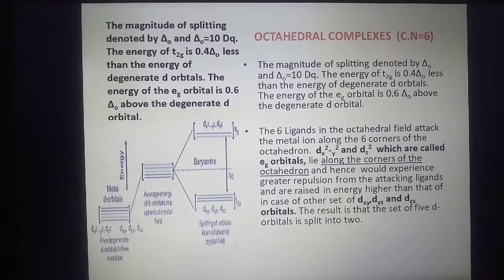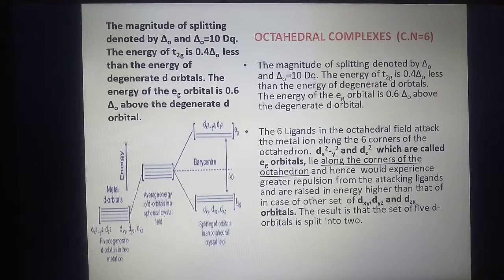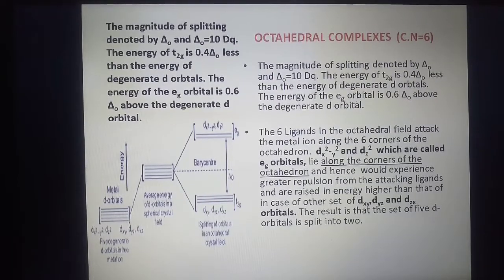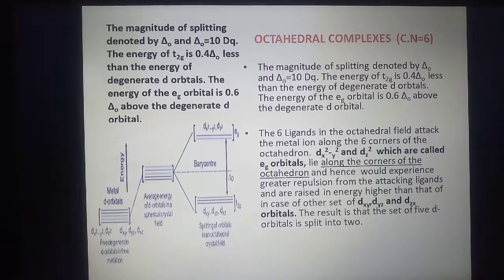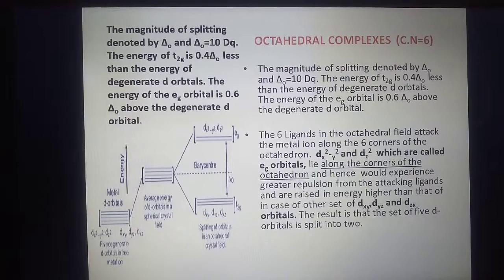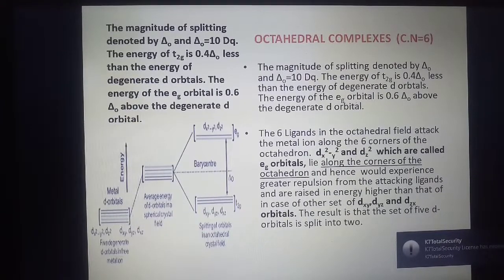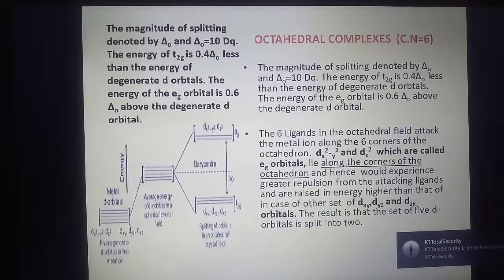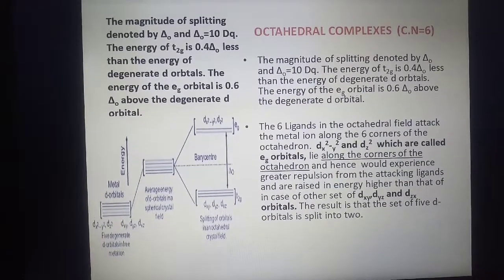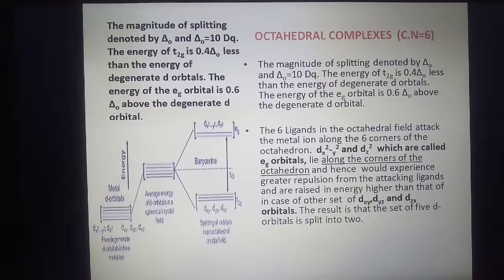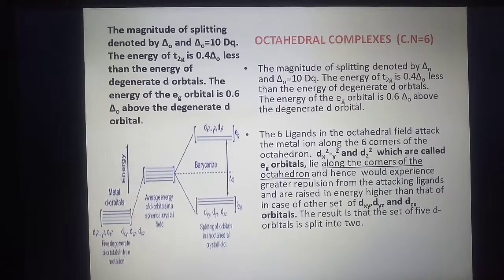Students, I have underlined it, along the corners of the octahedron, and hence they would experience greater repulsion from the attacking ligands, and are raised in energy higher than the other set of dxy, dyz and dzx. The result is that the set of 5 d orbitals is split into 2.